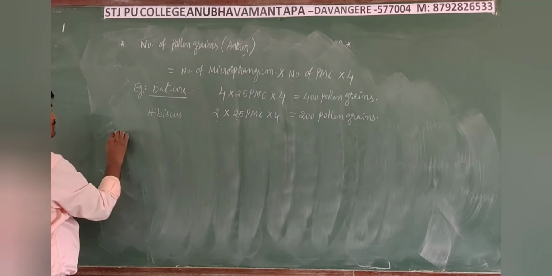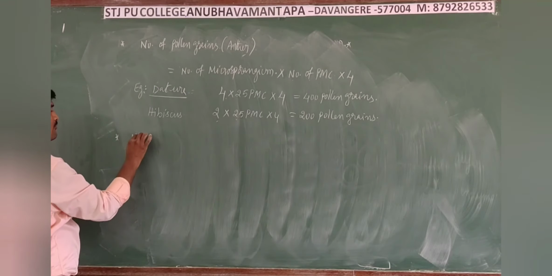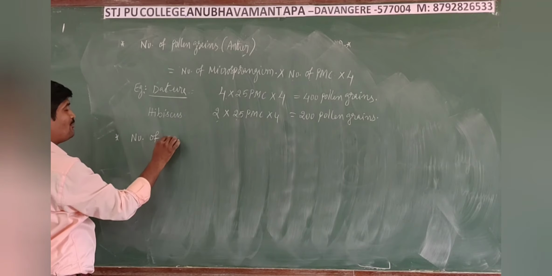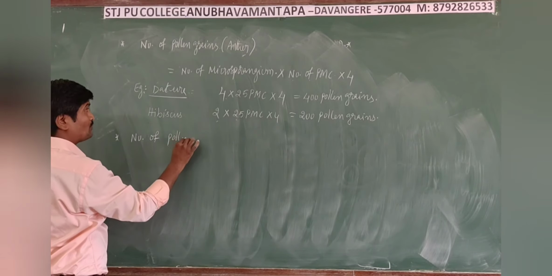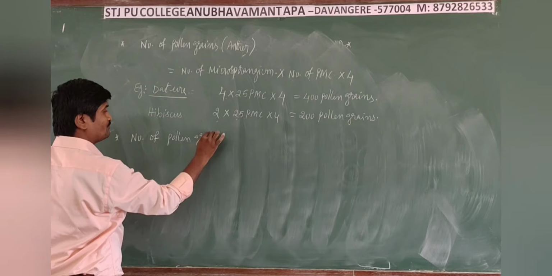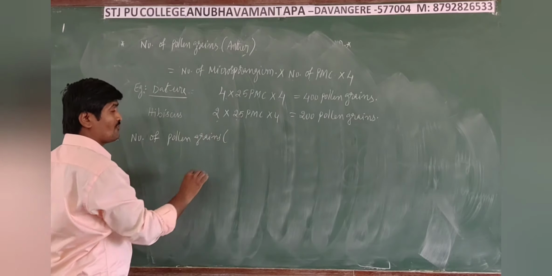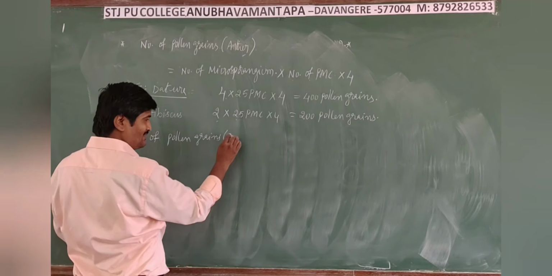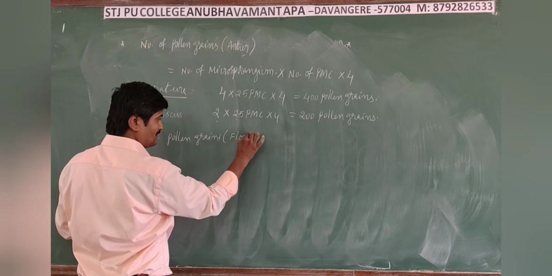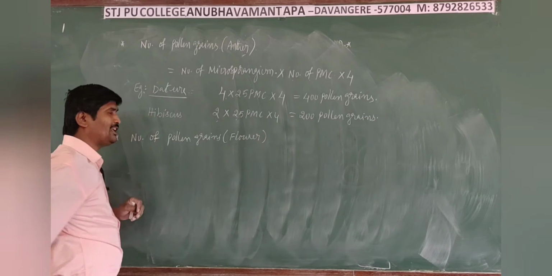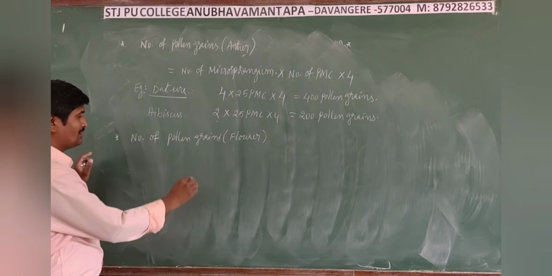And next one, the number of pollen grains in a flower. How to calculate the number of pollen grains in a flower?